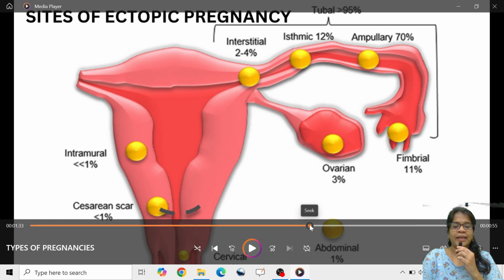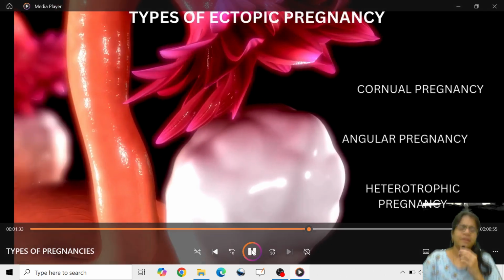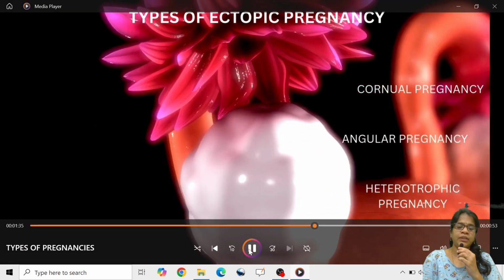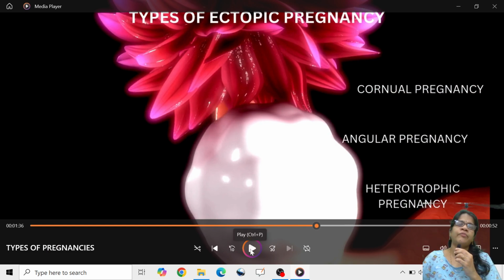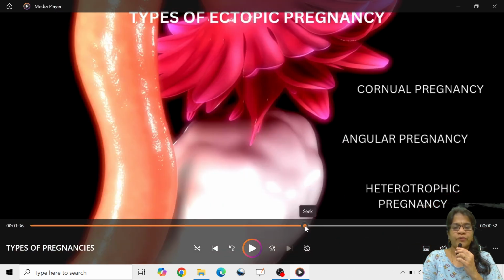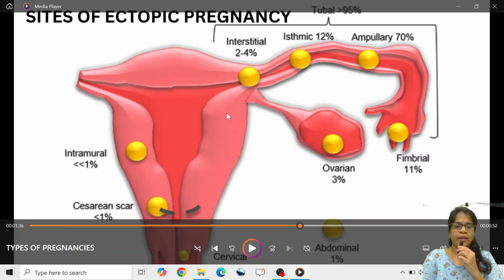If you go for heterotopic pregnancy, the name itself says hetero, it is more than one. Sometimes in IVF or other reasons, like artificial insemination or in vitro fertilization, you have more than one embryo formed, right? For example, if two embryos are formed for an individual, one embryo finally happily sits in the uterine cavity developing into a baby.